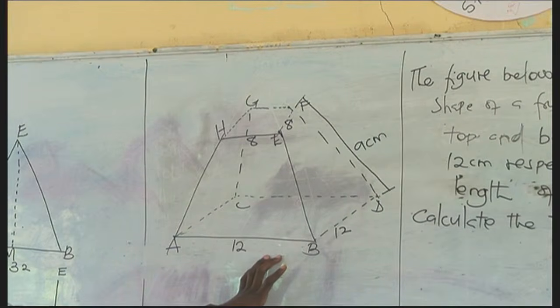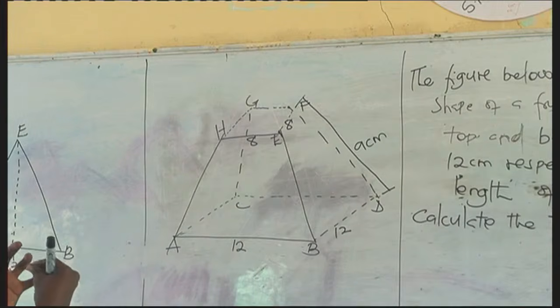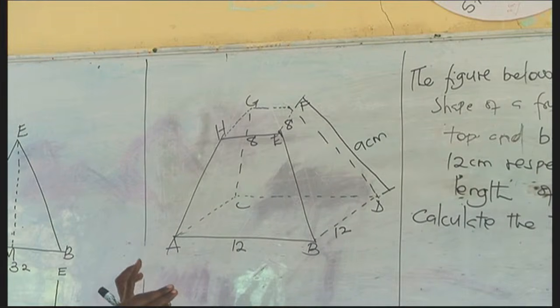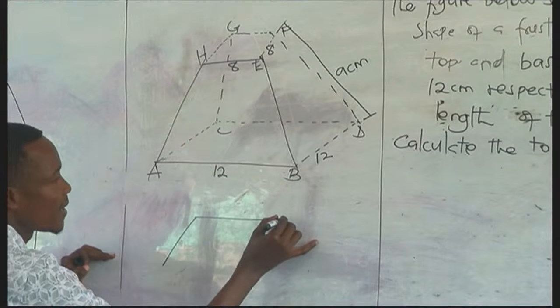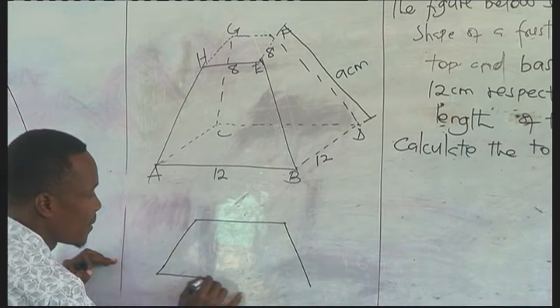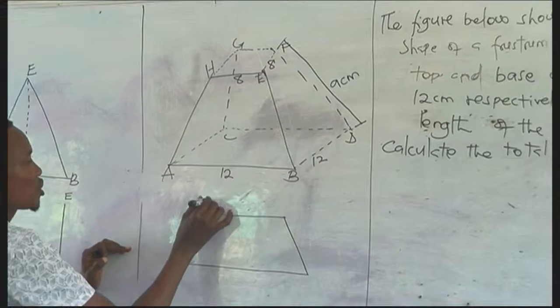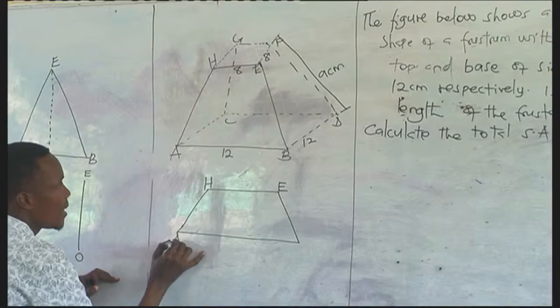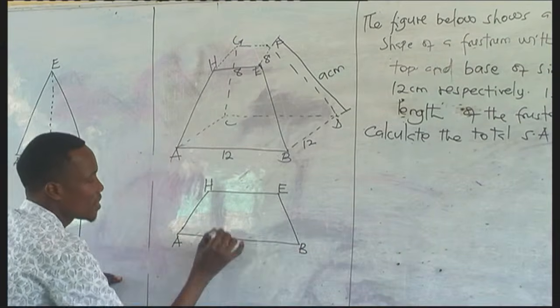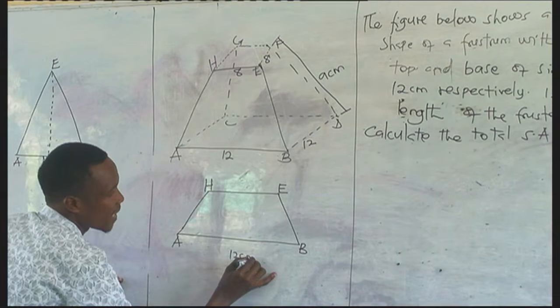So our main activity here is first to obtain the area of this trapezium, as you have told me. Let me extract it and bring it here so that we can work on it separately. Let me pick this face here. This is face H, E, A, B, which is given as 12 centimeters.